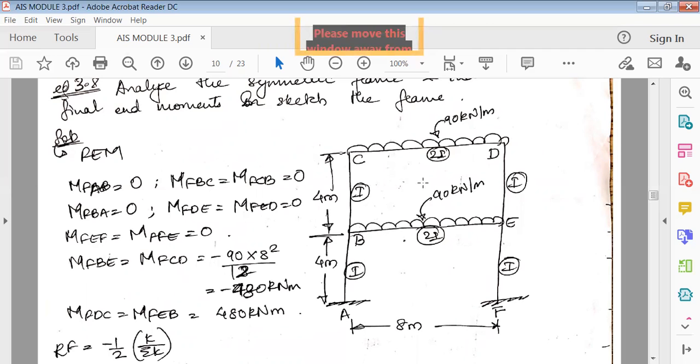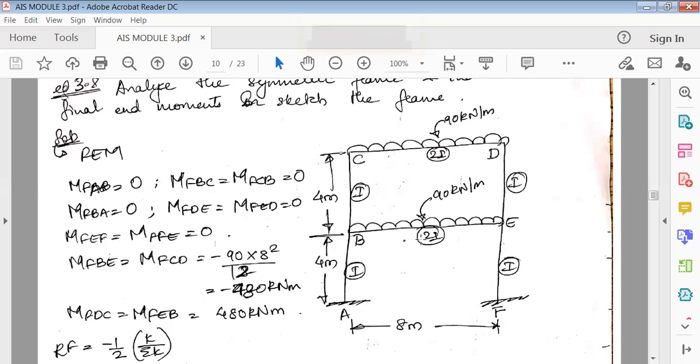This is double story; if there is another frame over this, you can also solve it using Kani's method. It is the simplest way to calculate the frames, whereas the application of the previous two methods is very limited.